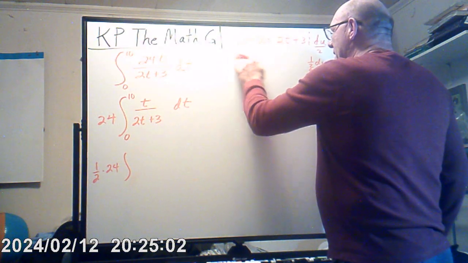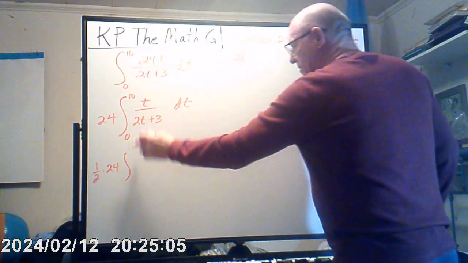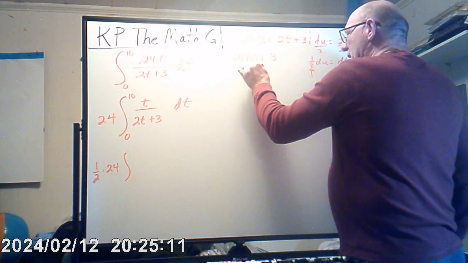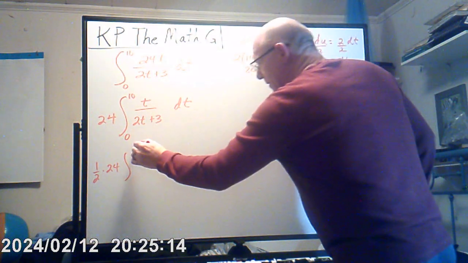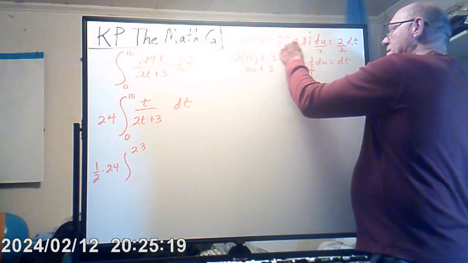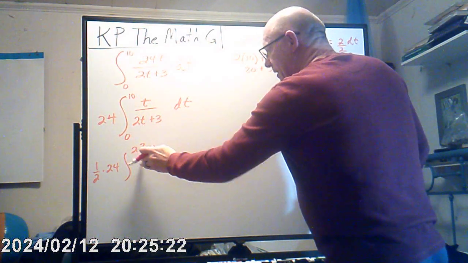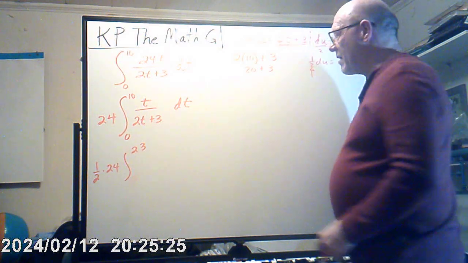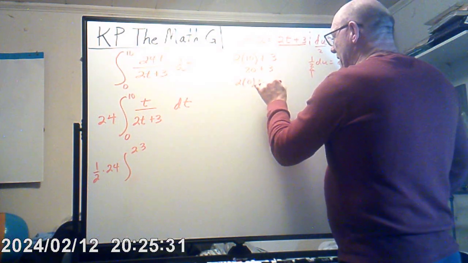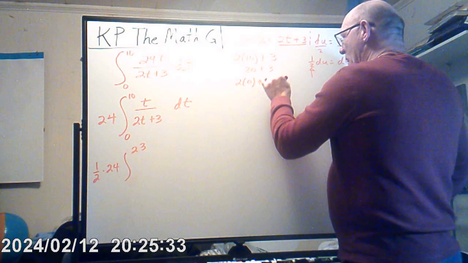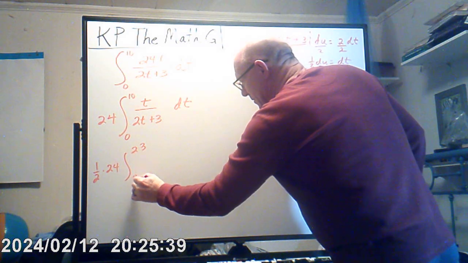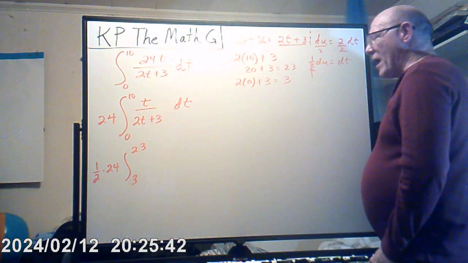Our limits: at the top, 2 times 10 plus 3, that's 20 plus 3, which is 23. So instead of 10, I'm going to put 23. I'm putting everything in terms of u. On the bottom, 2 times 0 plus 3 is just 3. So this is 23, and this is 3. I hope you understand that.